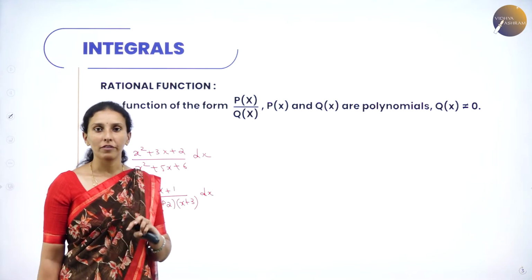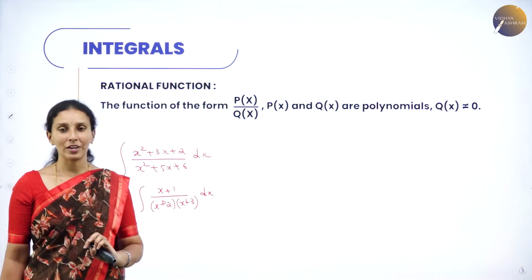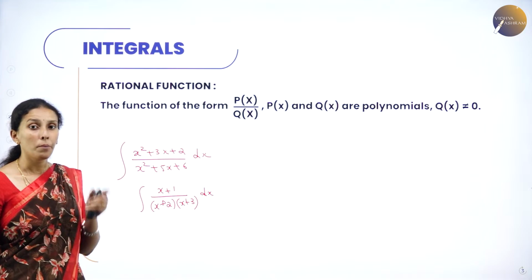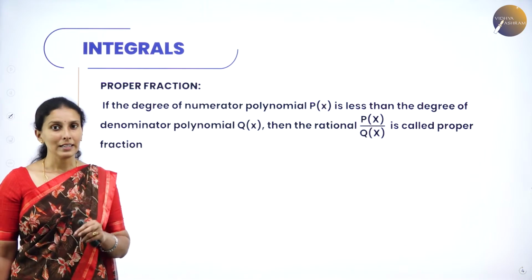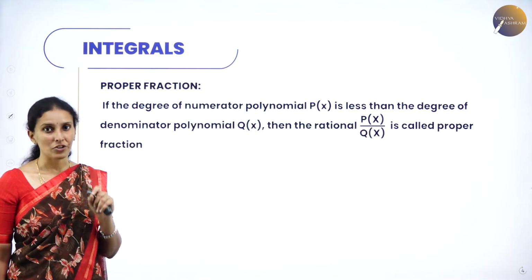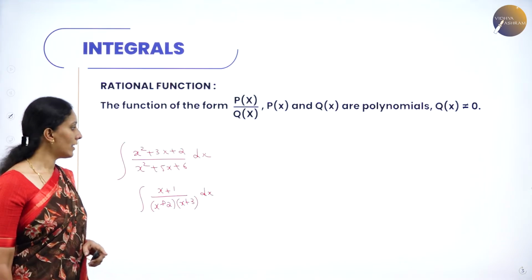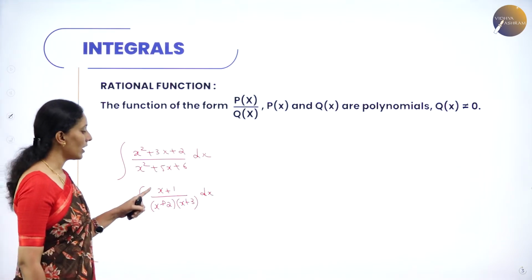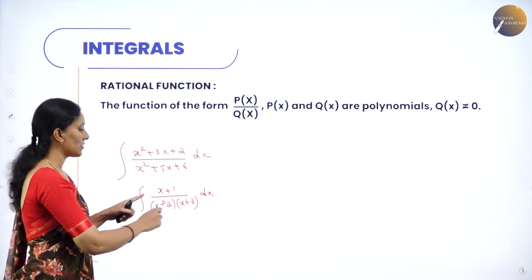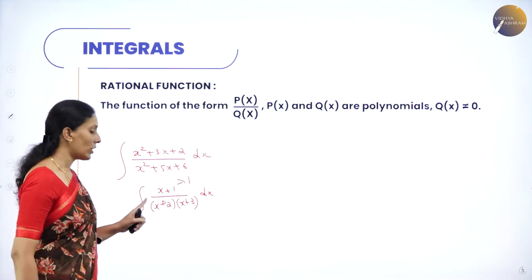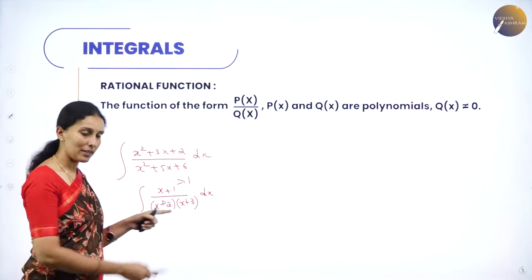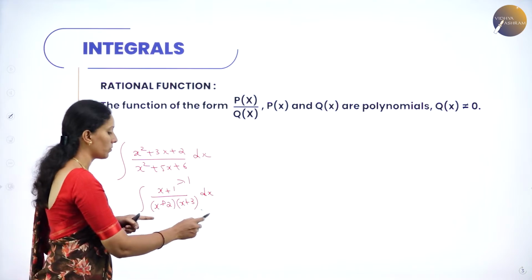In rational functions, there exist 2 types: one is proper rational function, and another is improper rational function. What is proper and improper? Look at the example I have taken. What is the degree of x plus 1? It is 1. What is the degree of x plus 2, x plus 3? When you multiply, it becomes 2.